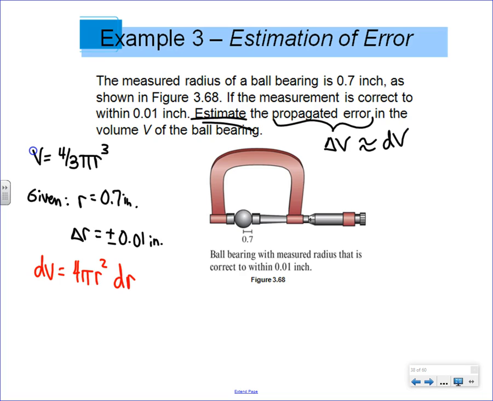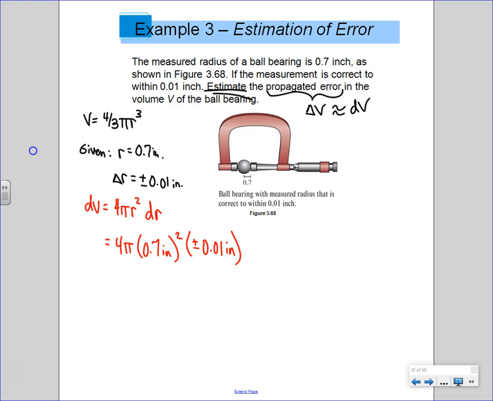So dV equals 4 pi r squared dr. So 4 pi times 0.7 squared times dr. So dr can't be equal to negative delta R? Why not? We'll talk about why dr and delta r can be the exact same if dV and delta V are just approximates in just a second.